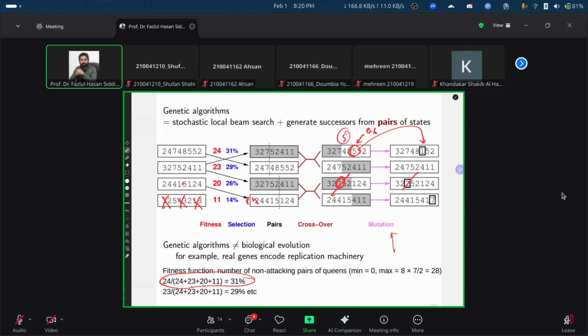But sometimes we can also change the value of a good queen. I told you in the last class that sometimes a good quality solution could have a minor issue, and that minor issue is transmitted generation after generation.